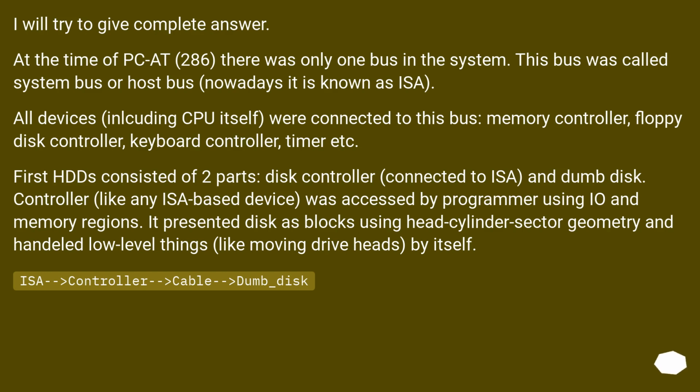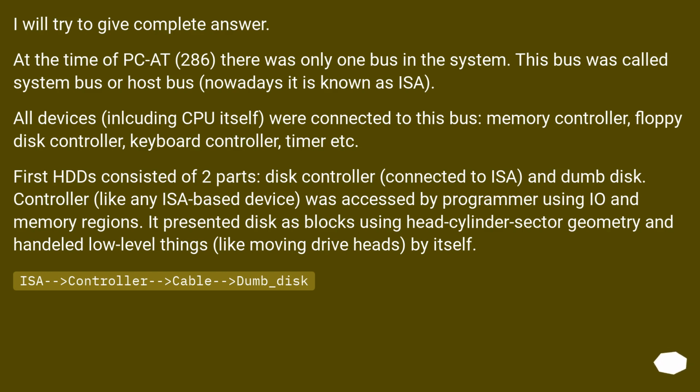I will try to give a complete answer. At the time of the PC/AT 286, there was only one bus in the system. This bus was called System Bus or Host Bus. Nowadays it is known as ISA. All devices, including the CPU itself, were connected to this bus: memory controller, floppy disk controller, keyboard controller, timer, etc. First HDDs consisted of 2 parts: a disk controller, connected to ISA, and a dumb disk.